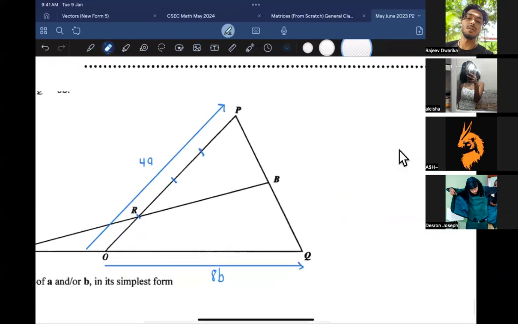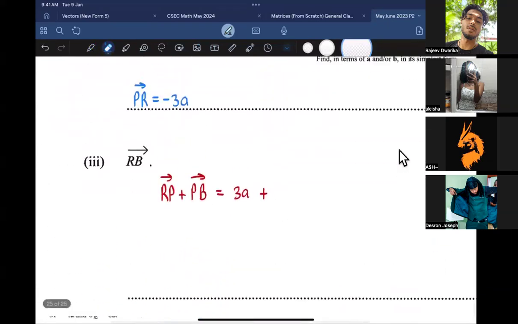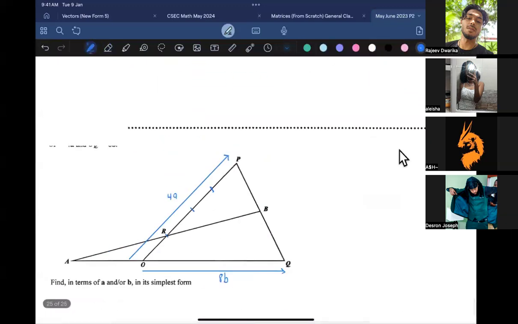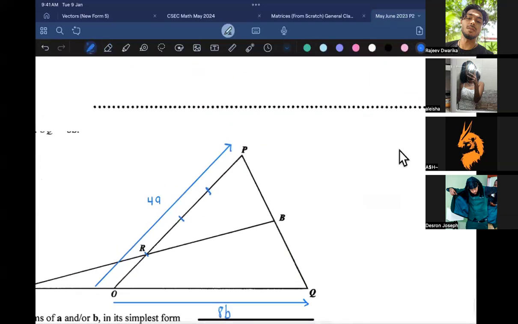So the question was asking me to go from R to B. I'm starting from R, so I could go from R to P, and then from P I go to B. P to B, right?